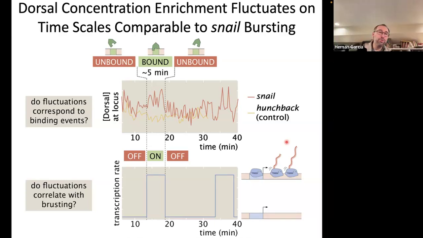No, I mean, people have been doing screens and they keep seeing, I don't know if it's a hub in the way that we define it here, but they keep finding transcription factors that are not uniformly distributed throughout the nucleus. So this seems to be quite a widespread feature. I don't think it's necessarily true. And there's different time scales that might be associated with each cluster or hub. But to me, I wouldn't be surprised if many of the transcription factors we'll be looking at behave in this fashion.